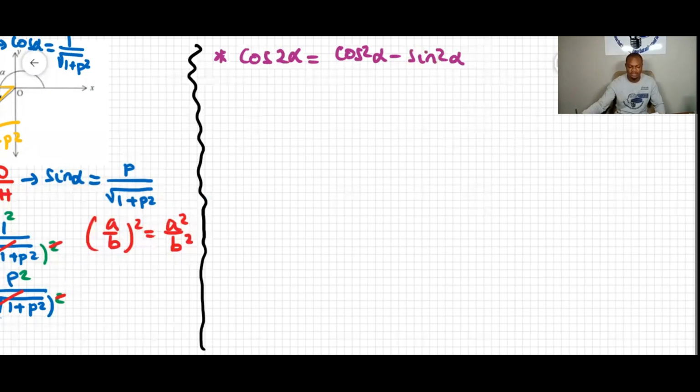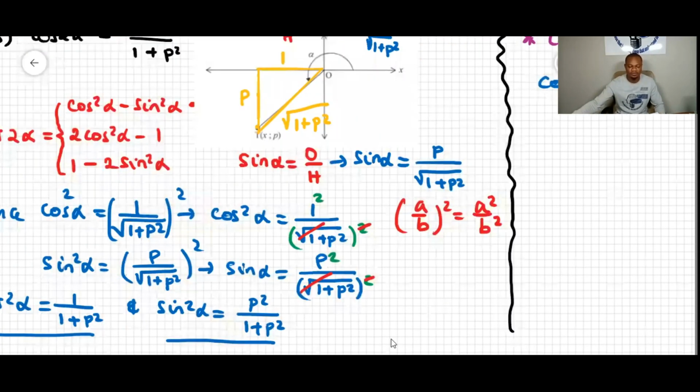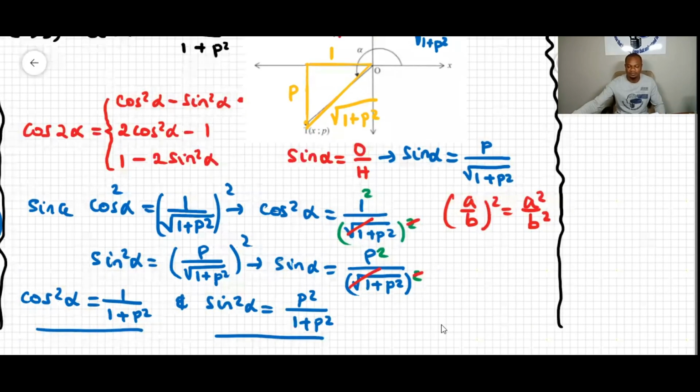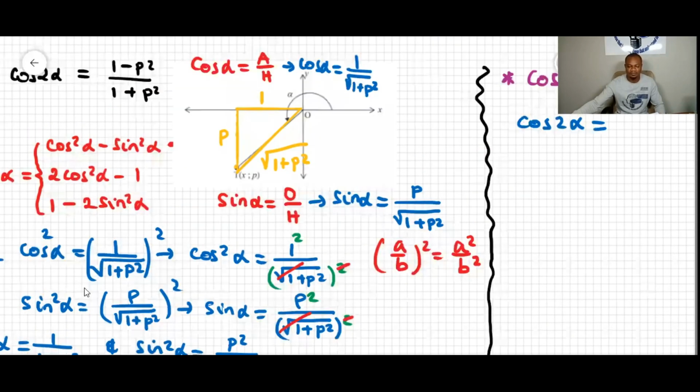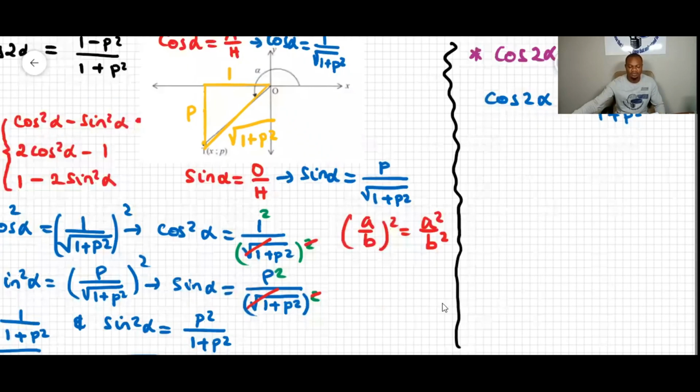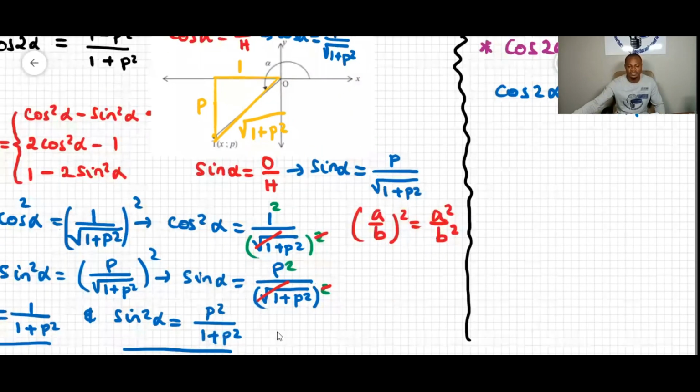If we're using this, we sub in the value of cos squared alpha, which is 1 over 1 plus p squared, minus the sine squared alpha, which we worked out earlier. Sine squared alpha is given by p squared over 1 plus p squared.